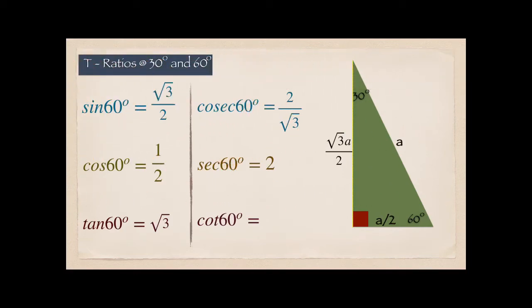So these are the values for all trigonometric ratios at 60 degrees.